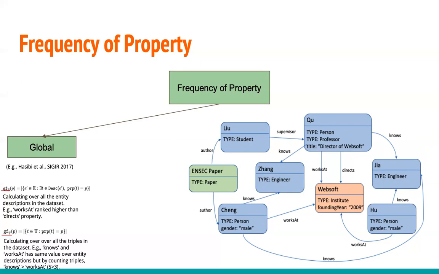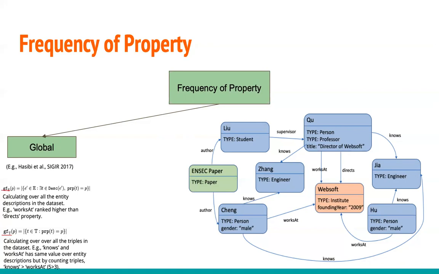Why it happens is, if you look at the number of times this property appears in an entity description, works at appears here, 1, 2, 3 times, and directs appears only once.